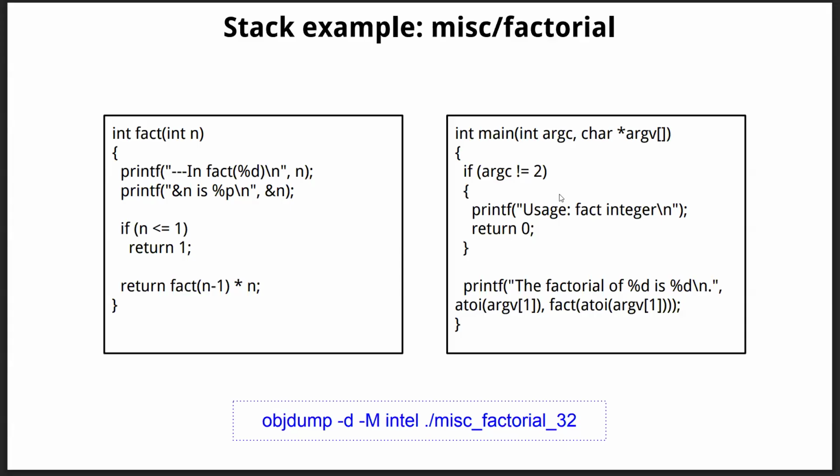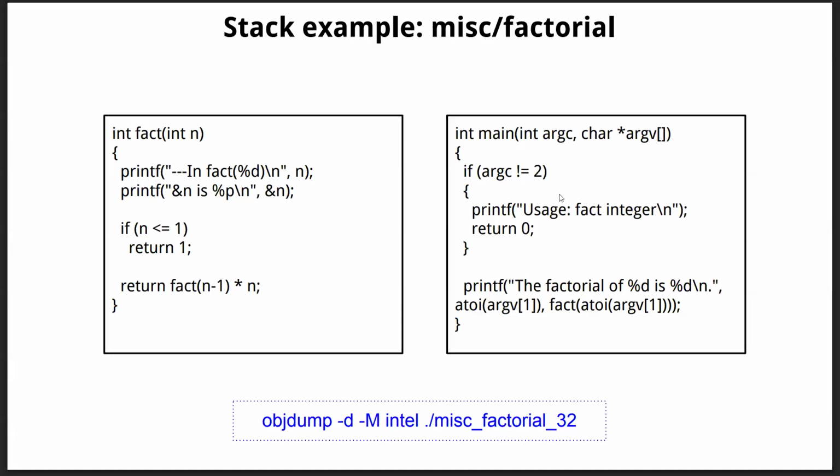Otherwise, it will call the print function, but before calling printf, it will call this fact function. The fact return value will be used for printf. The printf here says the factorial of this number is this.